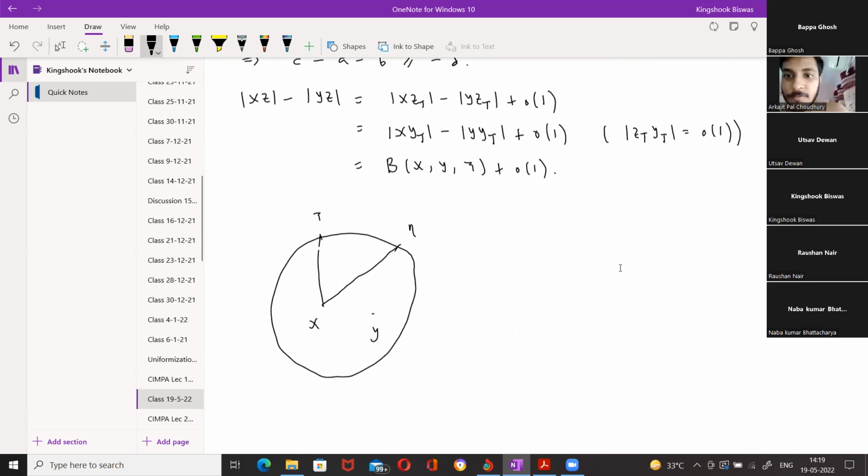based at x, this is e to the minus Gromov inner product, right? And if I look at the visual metric based at y, it's e to the minus this Gromov inner product.